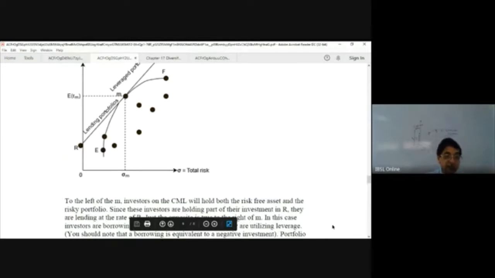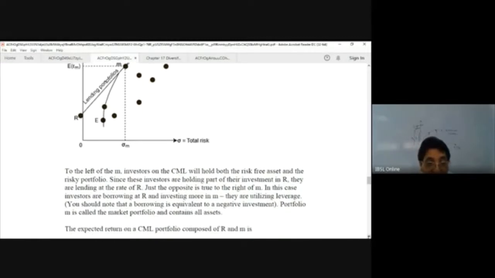So the lending and leverage portfolios are explained in a particular manner. Lending portfolios are explained in one way, and leverage portfolios are explained in another way. So it's like this.